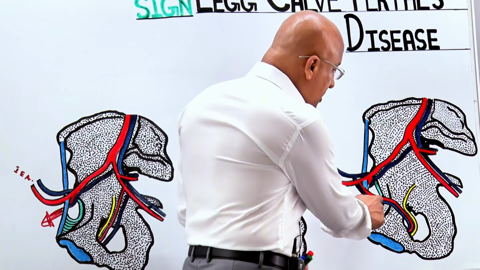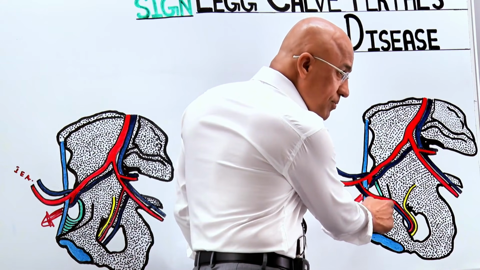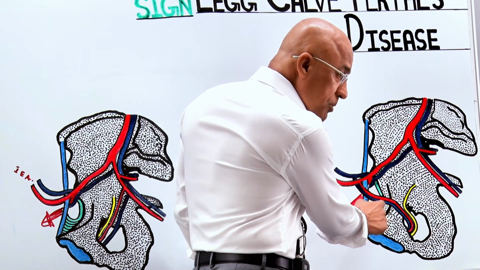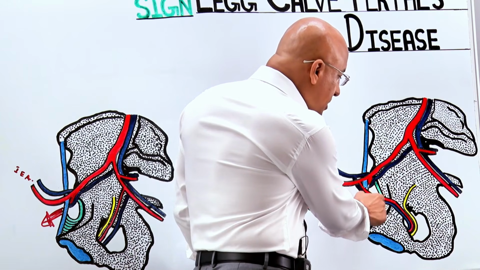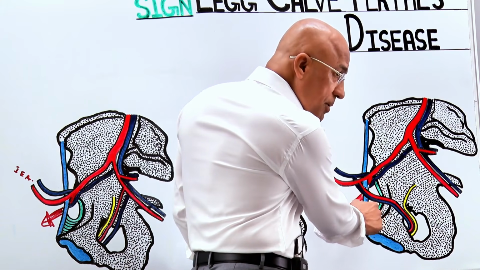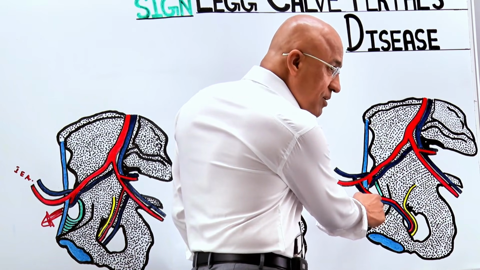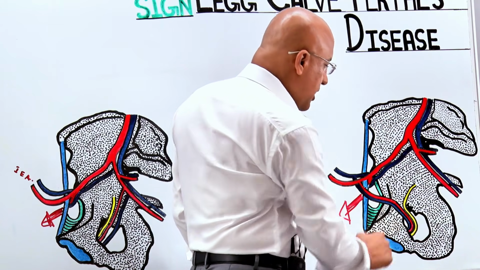An area which is above and behind the superior pubic ramus, very intimate with the pectineal ligament and lacunar ligament, very near to the femoral canal, right? And crossing behind the inguinal ligament.